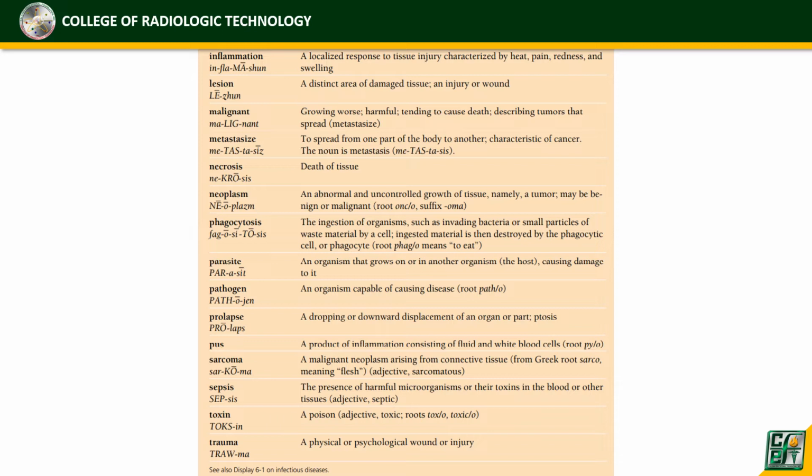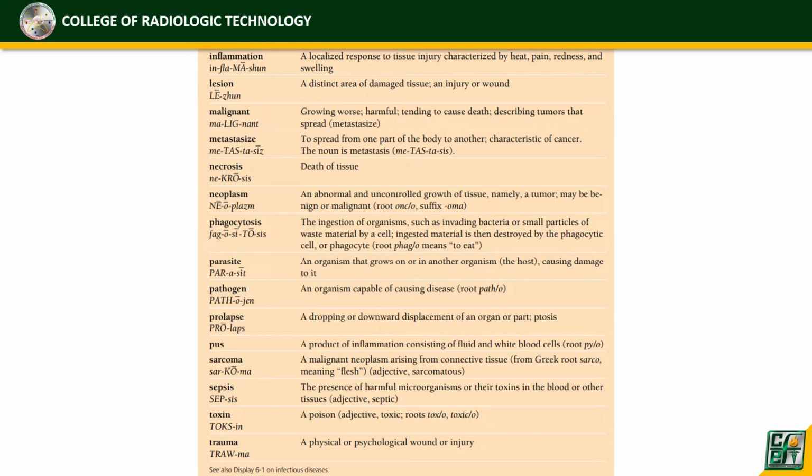Also, we have the malignant. Okay, when we say metastasize, it is to spread from one part of the body to another. Okay, and metastasis is a characteristic of a malignant neoplasia or cancer.